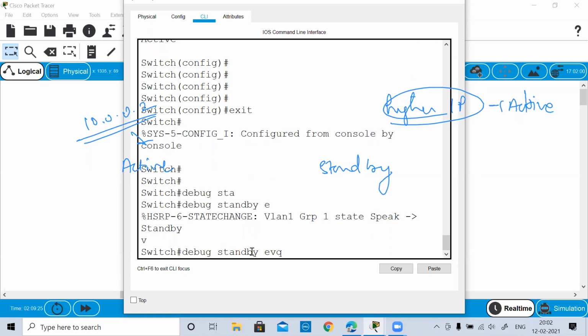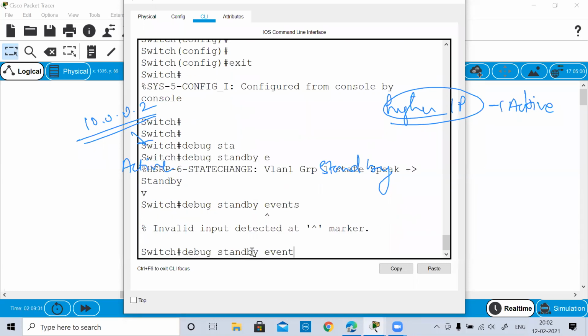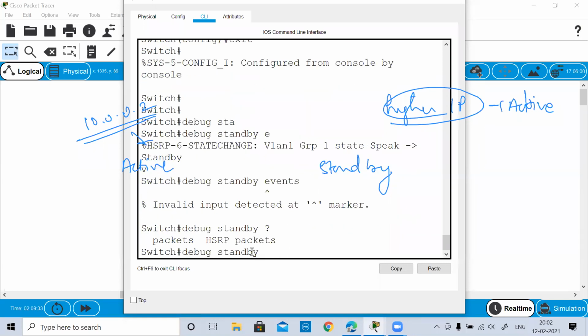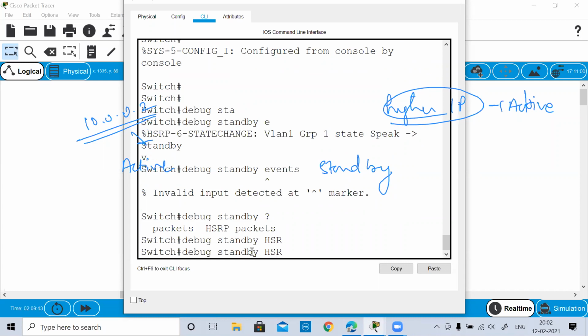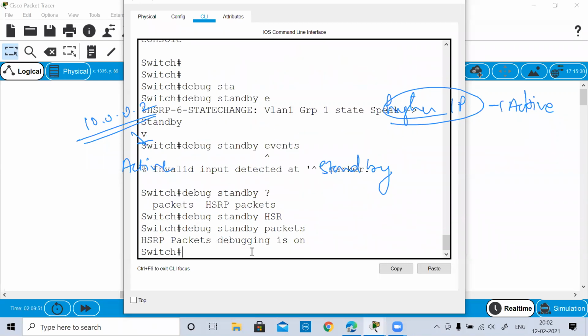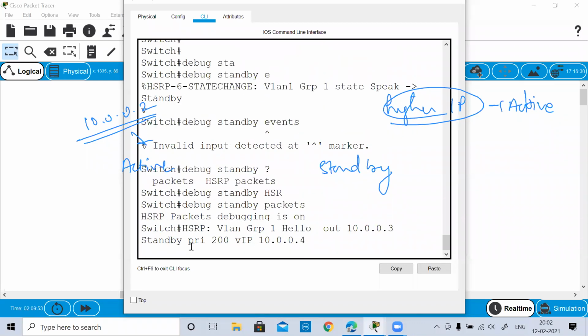Okay, packets, HSRP packets. Okay, so now the debugging is on.